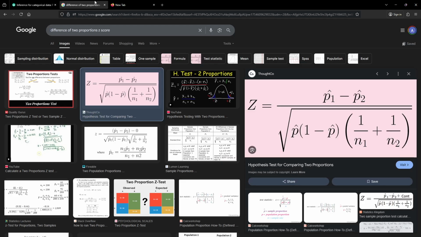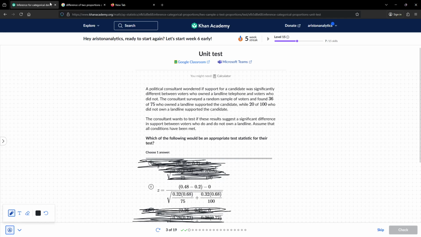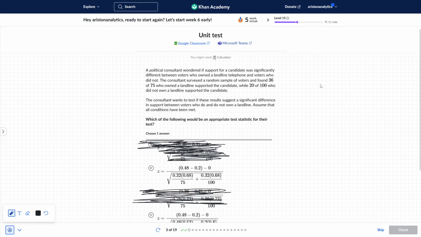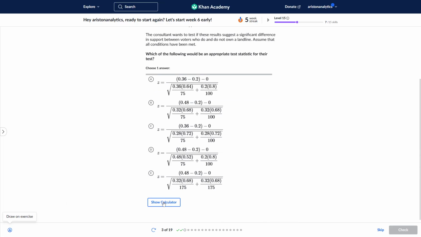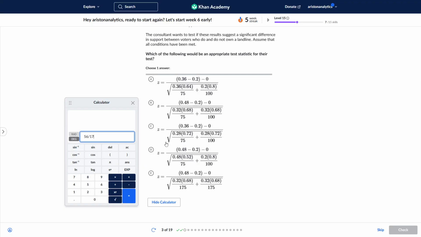Hmm. 56 over 175. 0.32 should be the same in both.